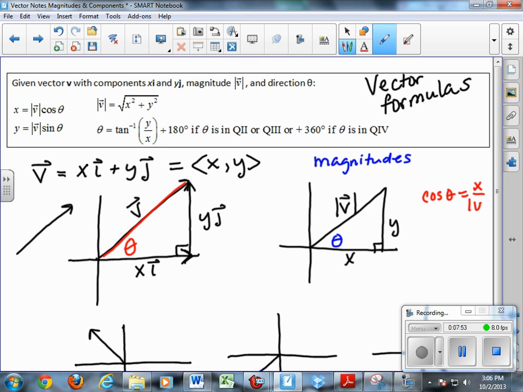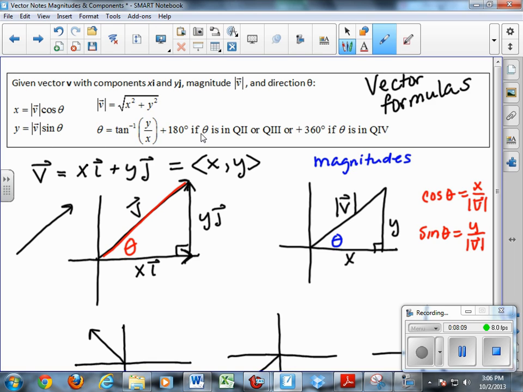Sine of theta is y over the magnitude of the vector. Solving the equations for x and for y, I get this: x is the magnitude of the vector times cosine of the angle, and y is the magnitude of the vector times sine of the angle. So all of these are just based on right triangle trigonometry.